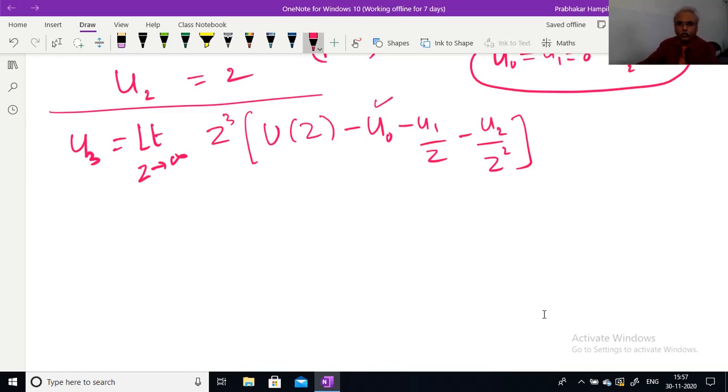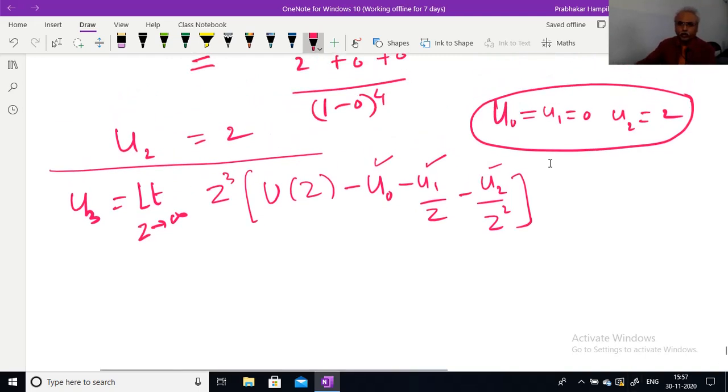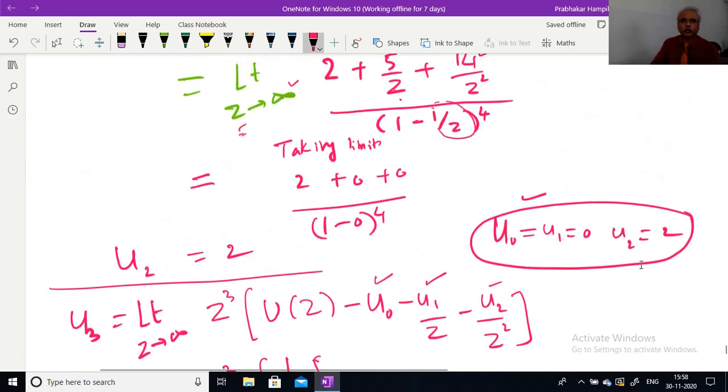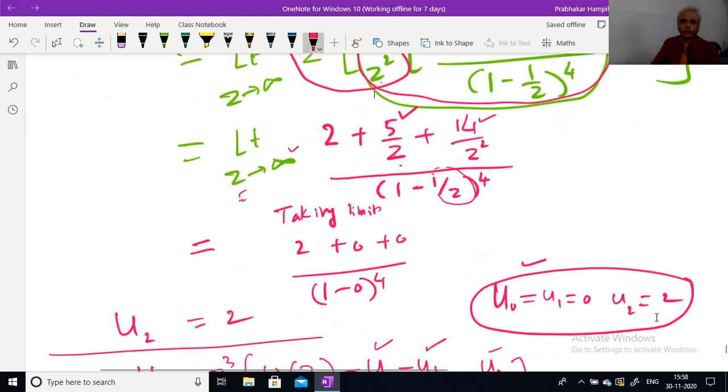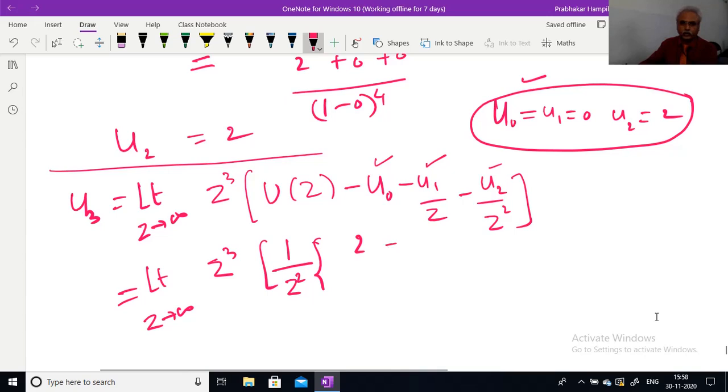Now u0 is 0, u1 is 0, u2 equal to 2. Just here above the head of this, whatever I made the right mark, here it is written. So let us not delay, substitute here: limit as z tending to infinity of z cube into bracket. U of z we have written, 1 by z square, 2 plus 5 by z plus 14 by z square, whole divided by 1 minus 1 by z raised to 4.